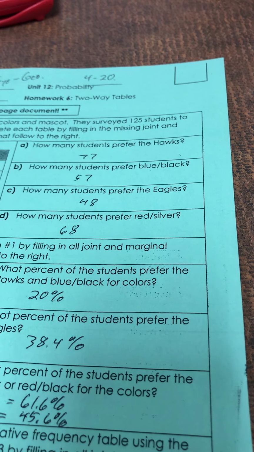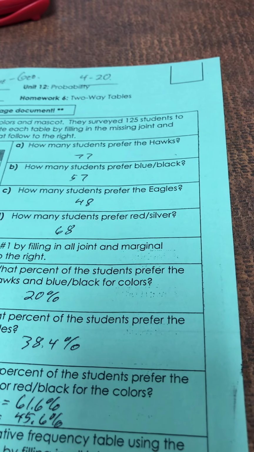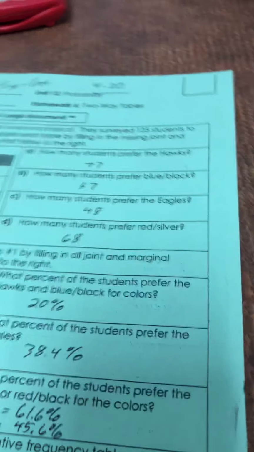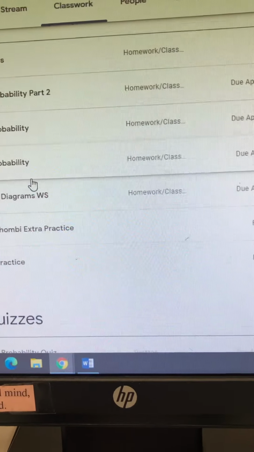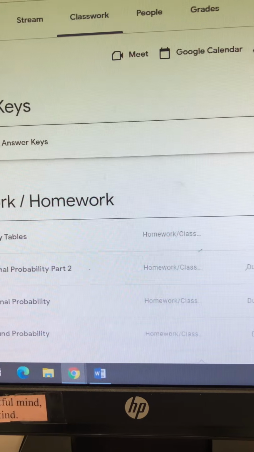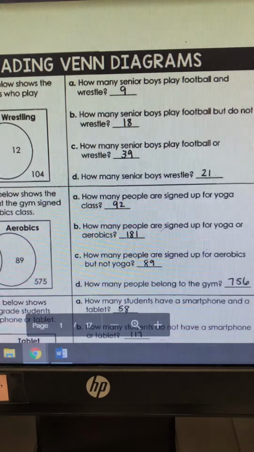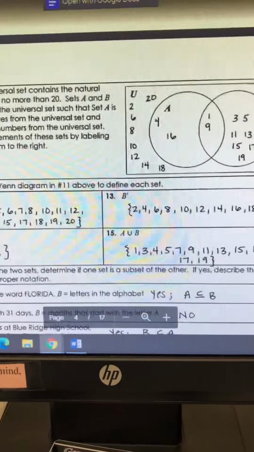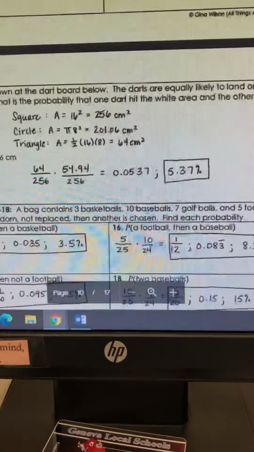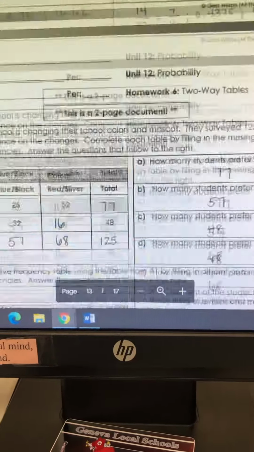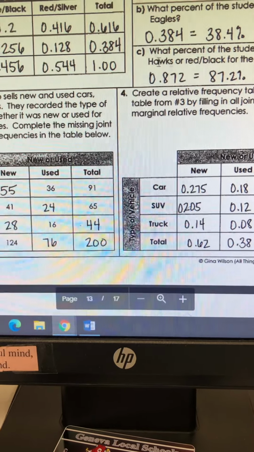If you did not know this already, when you go to the classwork, and we're still in chapter 12, you could take a look at these and double check your answers. We're looking for homework 6. Homework 5, getting closer, homework 6. Yeah, this one.